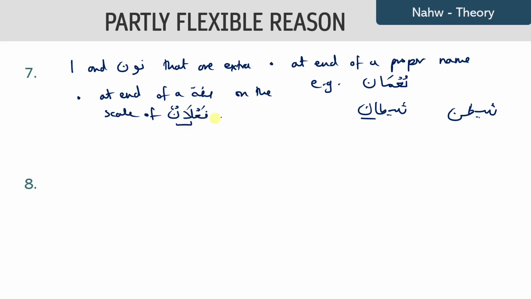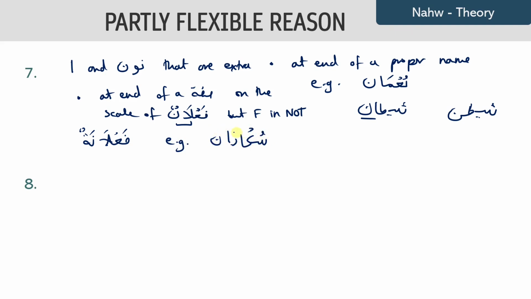These have alif and noon extra, but the feminine is not fa'lanatun. You can't make the feminine of these words by adding a ta marbuta at the end. I don't know why, but that is the case. So an example of that is sukranu.